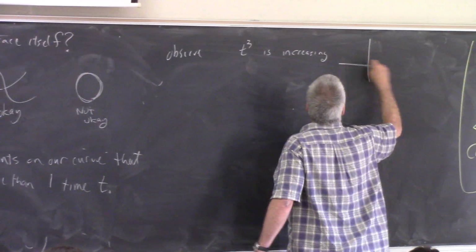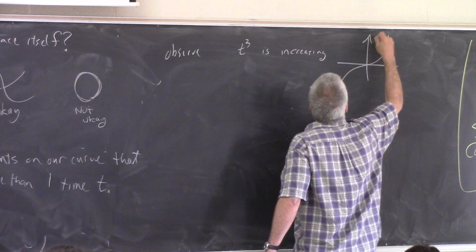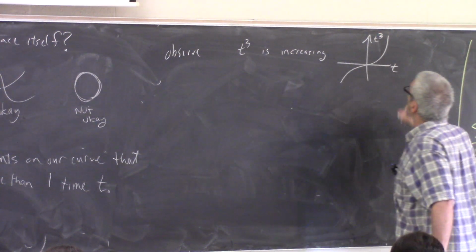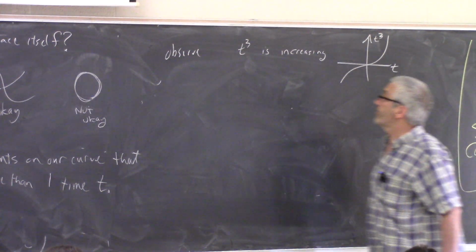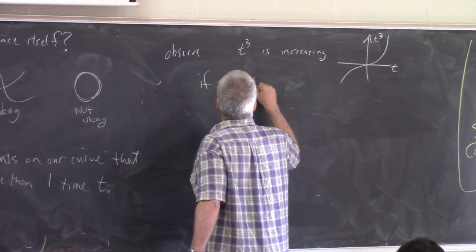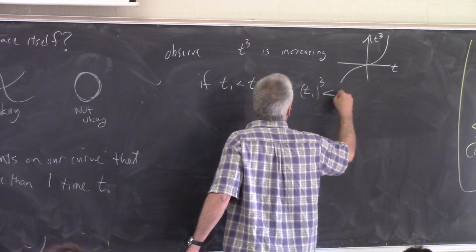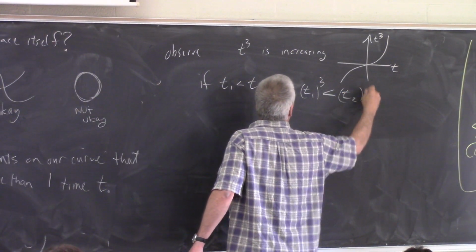That is, it looks like this. So increasing in the sense that if t1 is less than t2, then t1 cubed is less than t2 cubed.